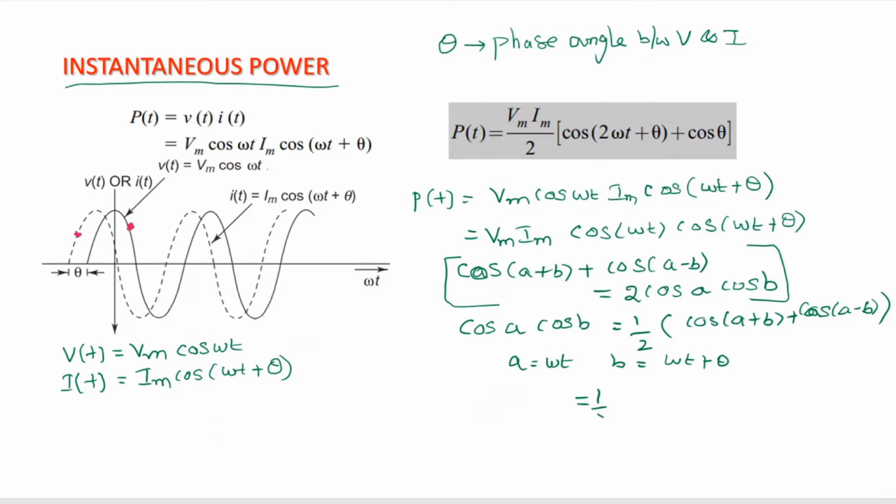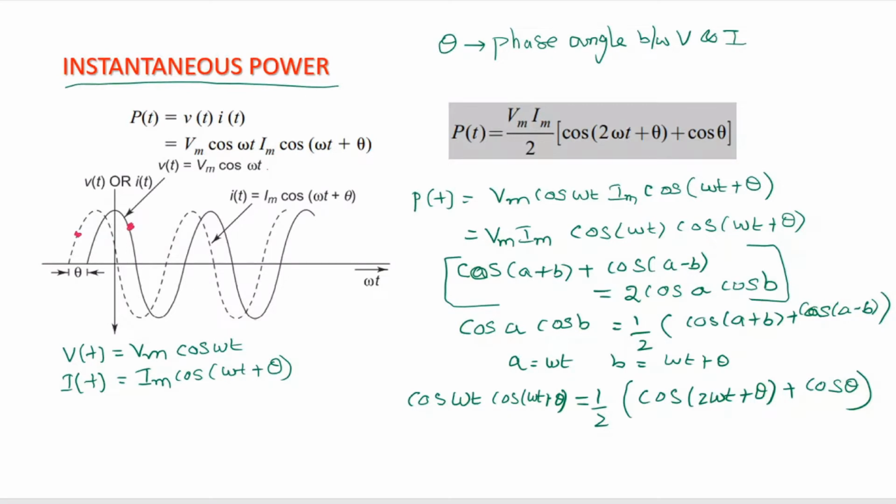A plus B means cos 2 omega t plus theta, plus cos omega t minus theta minus. Cos of minus theta is equal to cos theta. I can write directly cos theta here.